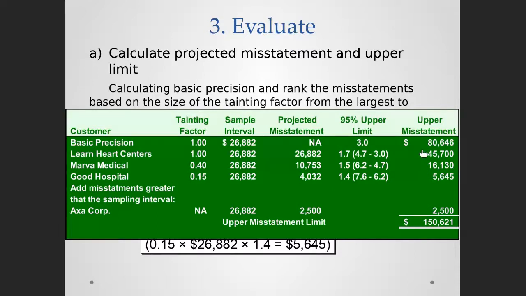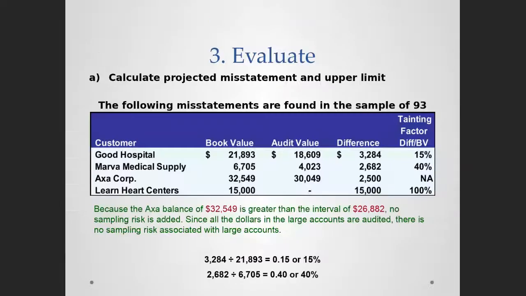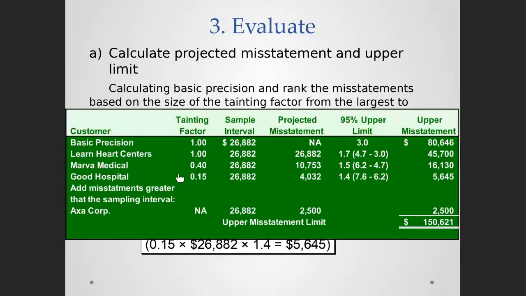Then we take the second error, second largest, which is 40%, from Marva, which comes from this slide right here. Marva has a 40% error, Marva Medical Supply. We multiply that with the sampling interval, and we get 10,753, which is the projected misstatement. So 0.4 multiplied with 26,882, we get 10,753.